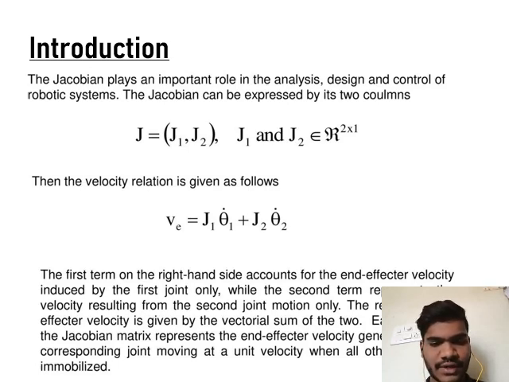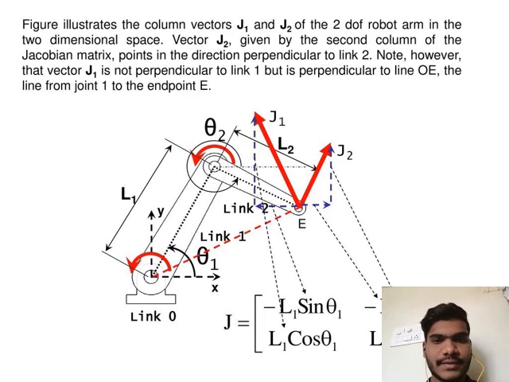Each vector of the Jacobian matrix represents the end effector velocity generated by the corresponding joint moving at unit velocity when all the other joints are immobilized. The figure illustrates the column vectors J1 and J2 of a two DOF robot arm in two-dimensional space.